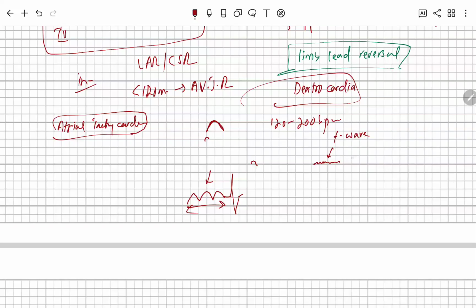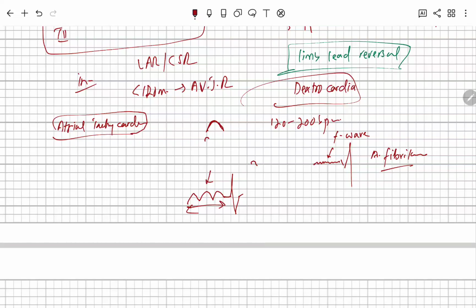This condition is seen in atrial fibrillation. I'm going to talk about all of them in detail when we talk about arrhythmias. I'm going to discuss almost every abnormality we are just naming here in the arrhythmias section.